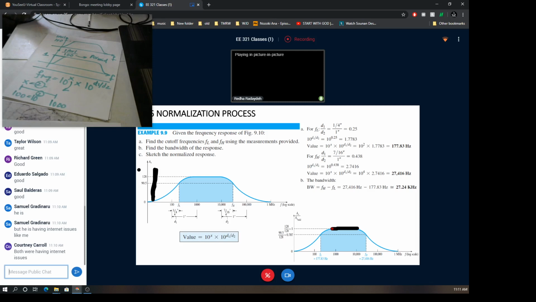And the cutoff frequencies will now be at 90.5 divided by 128, which is 1 over square root of 2 as expected.